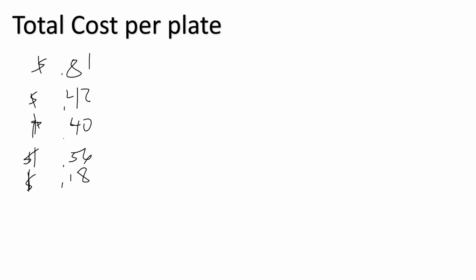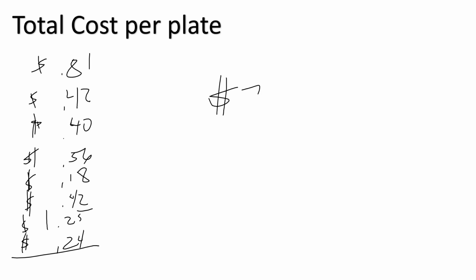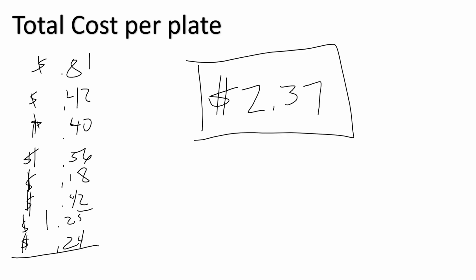Our beans came out to 42 cents. Our beer came out to $1.25. And then our Topo Chico came out to 24 cents. So all of that together comes out to a grand total of $2.37 for that entire plate of food, okay, based on our standard portion size.